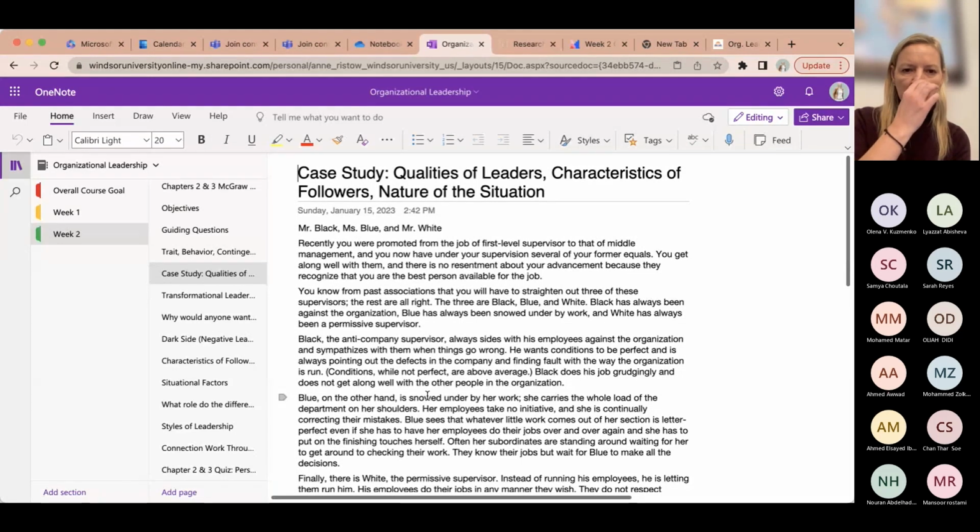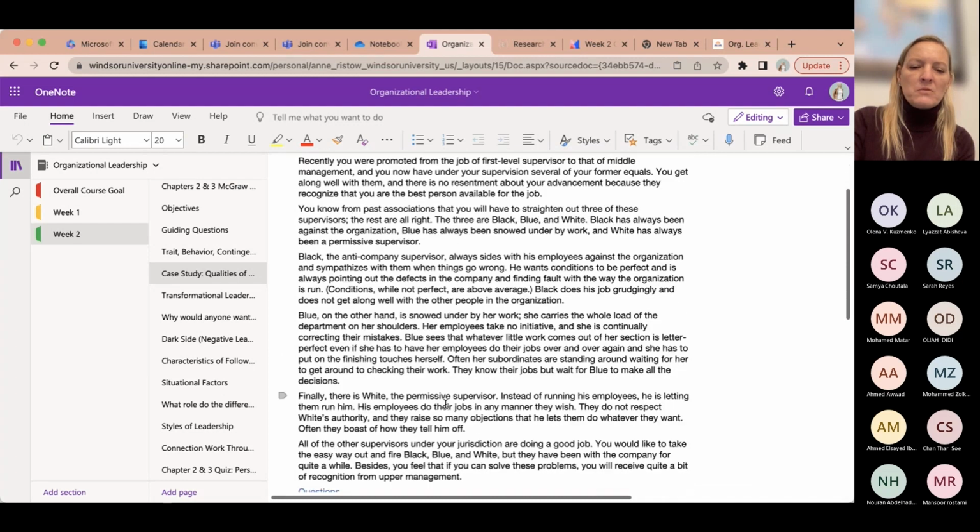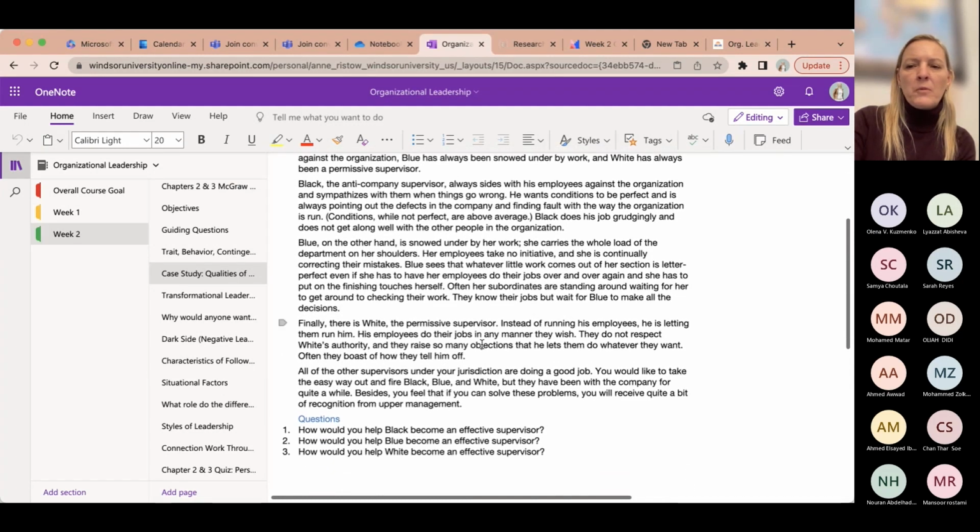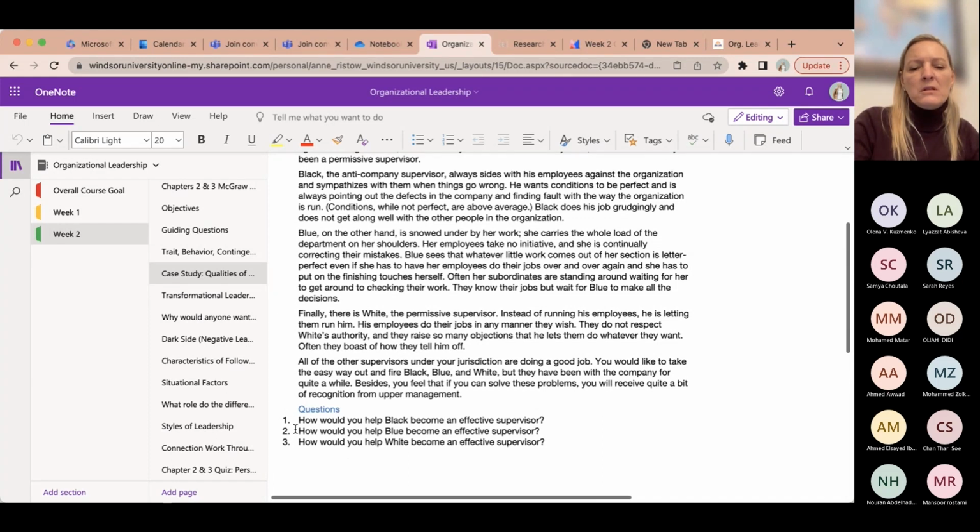It's from chapter 2, and it's about the qualities of leaders, the characteristics of followers, and the nature of the situation. I'm not going to read it out loud, but I'm going to give you about 15 minutes. I'll set a timer, and I'll check to see if you need a little more time. I encourage you to go down to the bottom and read the 3 questions first, and choose one to focus your reading on.